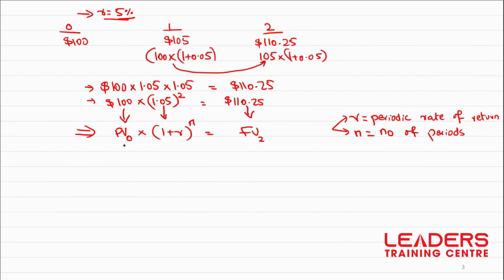While you need to understand this formula, all this calculation can be done using your calculator. You would just have to input the 3 inputs, which are present value, r and n, and you will compute the future value. As long as you know any of the three inputs, you can get the fourth.